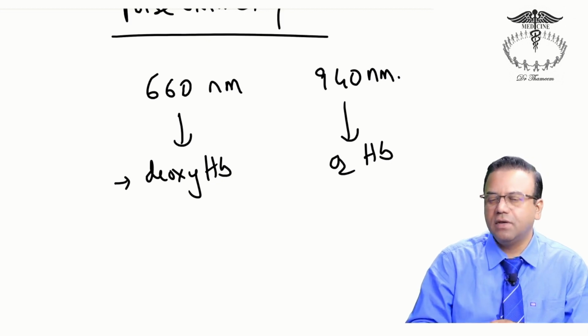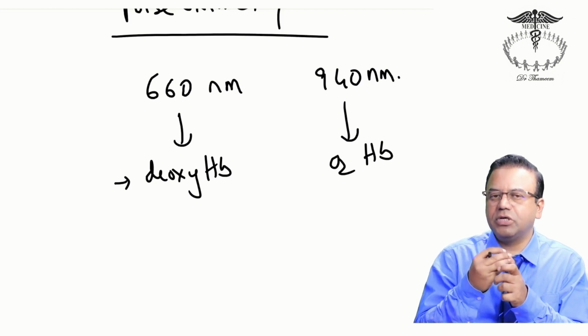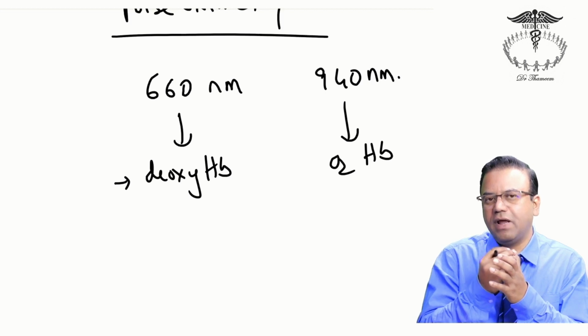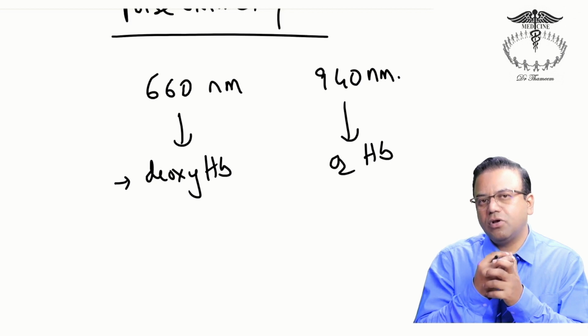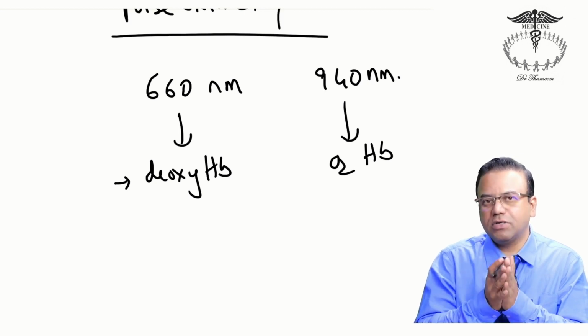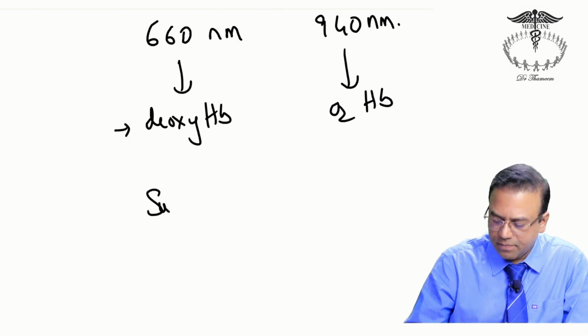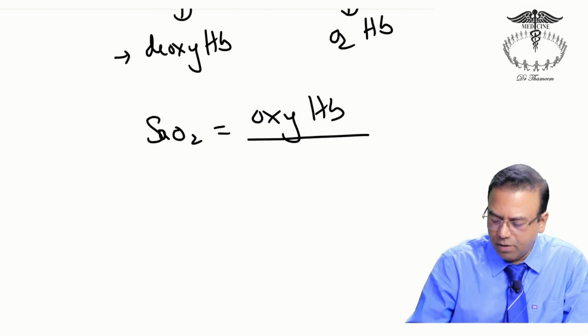What this means is that once the sensor is picking up the information as the wavelengths are firing, it is going to pick up how much light is passing through at 660 and how much is passing through at 940. Based on that, it's able to tell how much is the deoxyhemoglobin and how much is the oxyhemoglobin. Saturation is nothing but the oxyhemoglobin divided by the total hemoglobin.